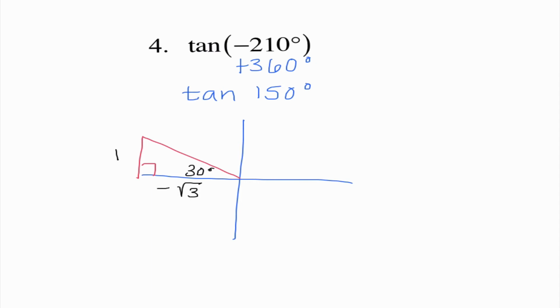Our adjacent side is -3, and my hypotenuse is 2. I know tangent is opposite over adjacent, so I get 1 over -3, or -3 over 3. It would make sense that it's negative because in quadrant 2, only sine and cosecant should be positive. So keep in mind, there's a few different ways we could go about doing this.